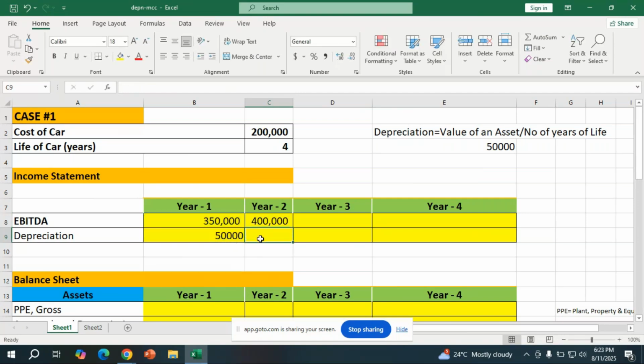Again, is year 2 a depreciation? No, it is an operation.